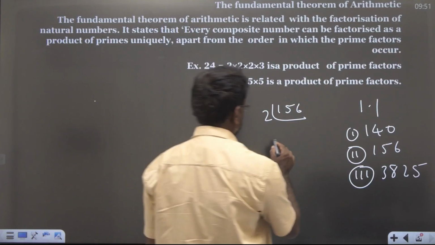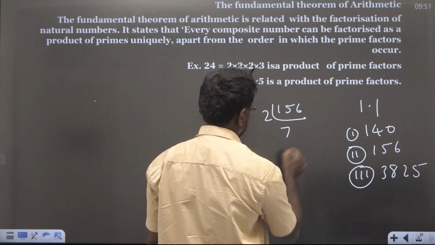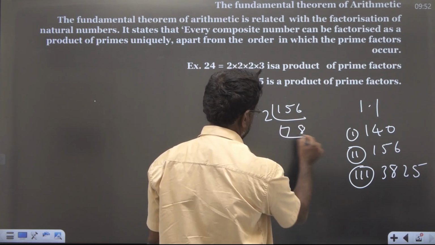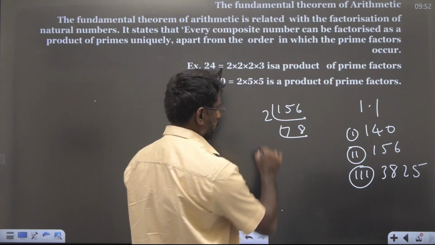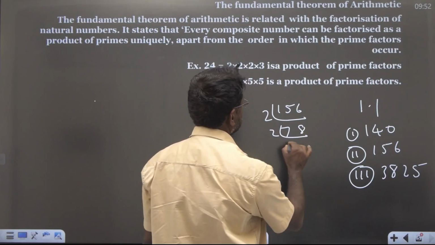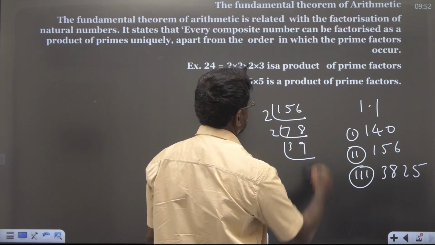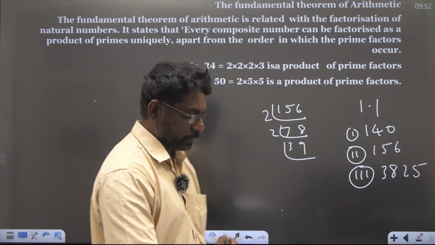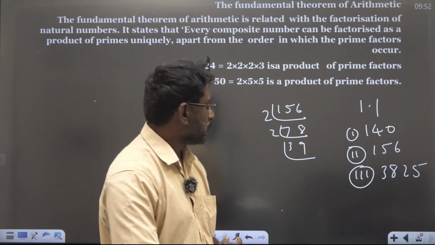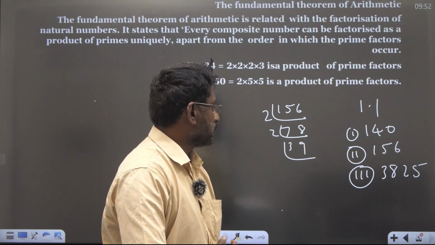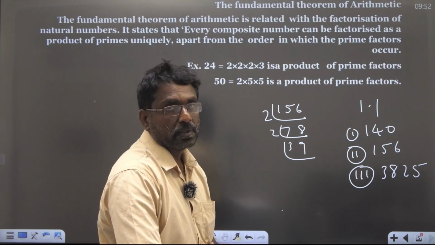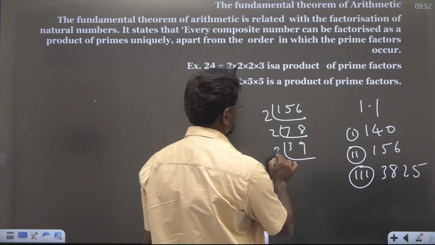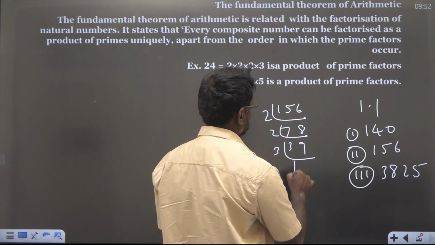So try with 2. That is 78. Again it is an even number, so try with 2. That is 39. 39, is it possible with 2? No. Is it possible with 3? Yes, it is 3. Check it. 3 into 13, 39.